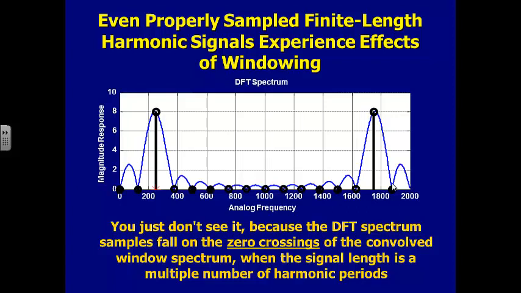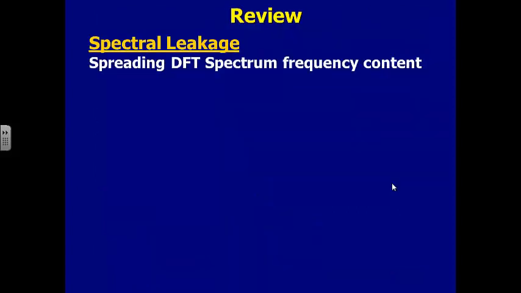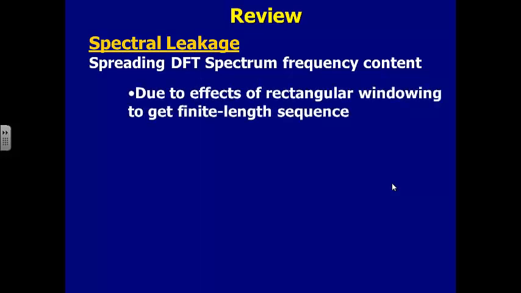So in that case, we'll apply another window to try to improve the leakage to do a better job of looking at the spectrum. So again, leakage is a spreading out of the signal energy across the frequency domain. It's due to the effects of truncating, grabbing out a finite number of samples from an infinite length sequence or a periodic sequence.